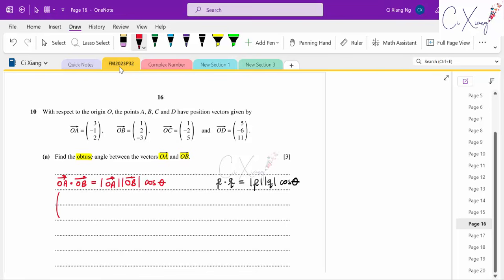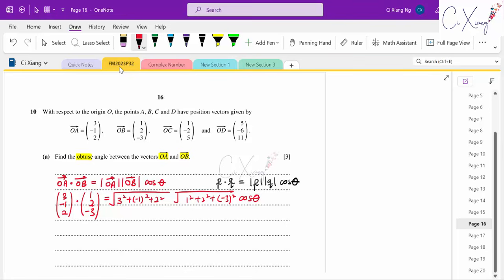Now we try to substitute in all the position vectors. OA is 3, -1, and 2. OB is 1, 2, and also -3. The modulus of OA is the square root of 3 squared plus -1 squared plus 2 squared. And the modulus of OB is the square root of 1 squared plus 2 squared plus -3 squared. Then cos theta.